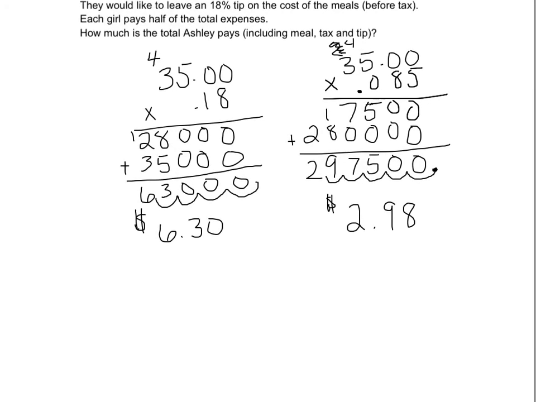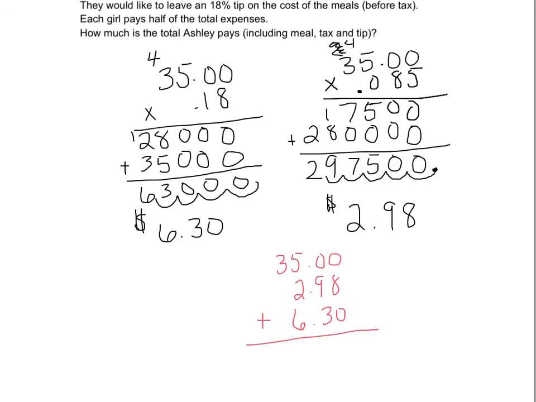Okay. So we have now our $35 total is the bill. We're going to add our tax, which is $2.98, and we're going to add our tip, which is $6.30. Okay. I don't need that addition sign there.